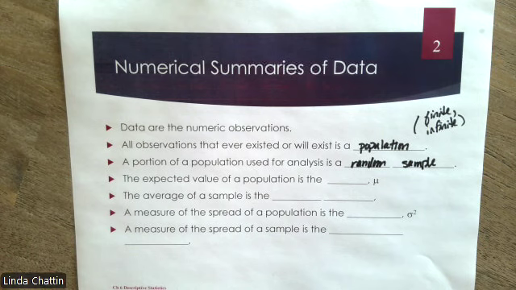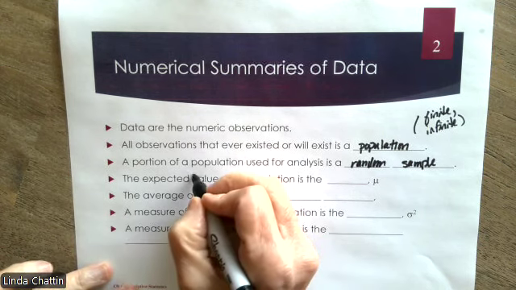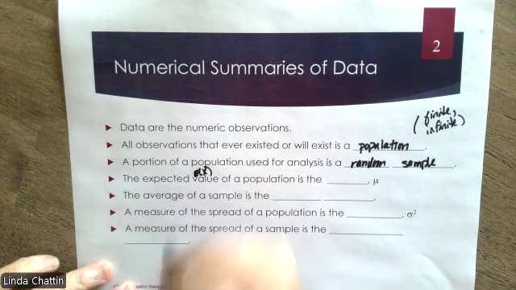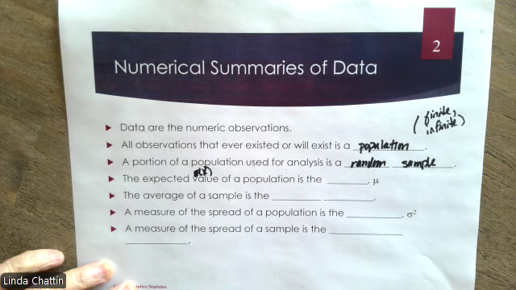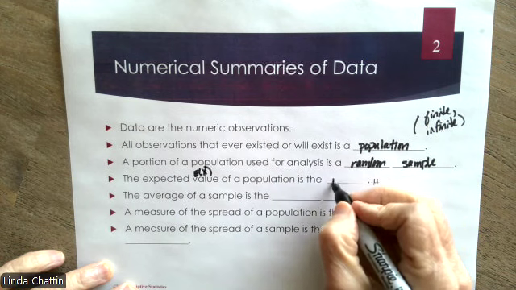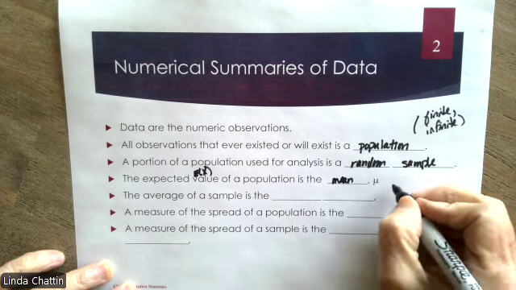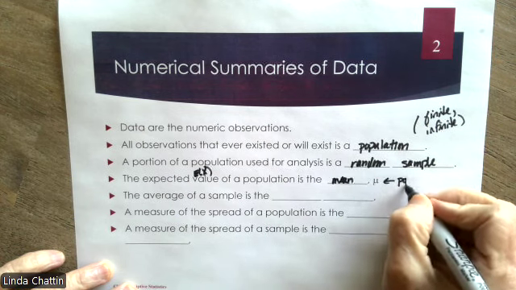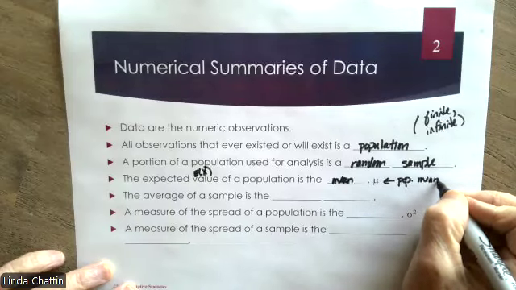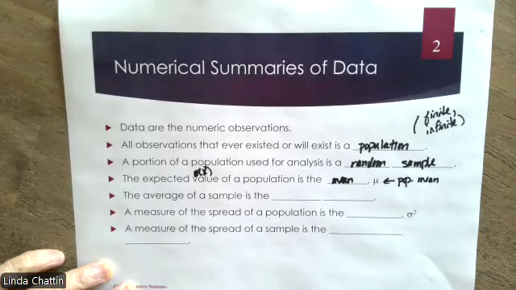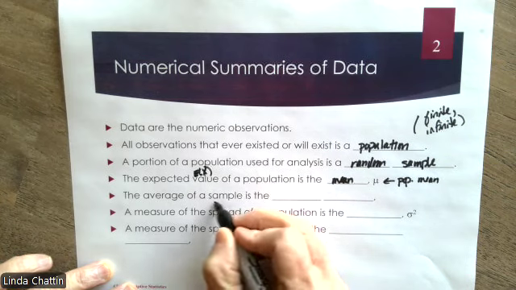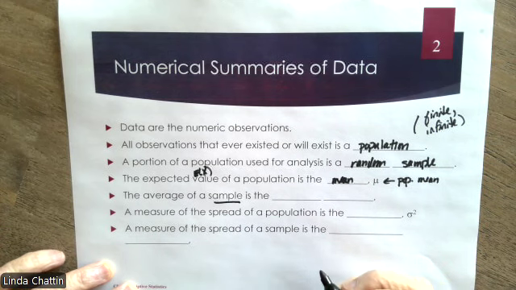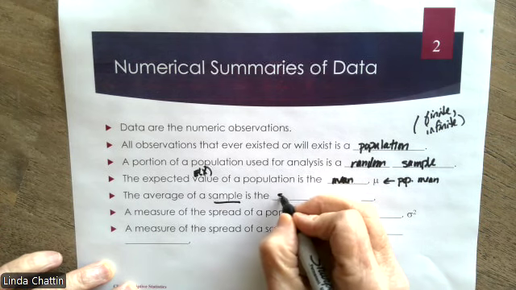The expected value of a population, which you know from previous chapters as capital E with a capital X as the argument, is called the mean, or what you'll often see me refer to as mu, the population mean. And the average of a sample, not the expected value, is referred to as the sample mean.